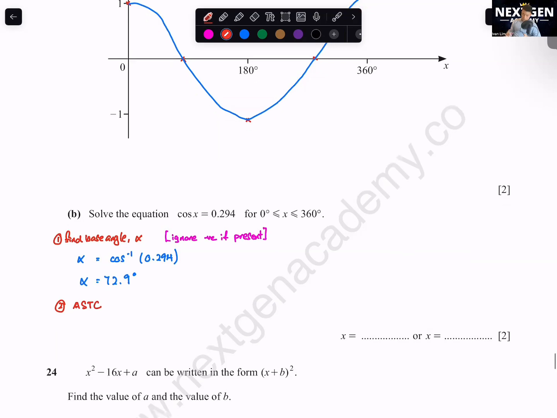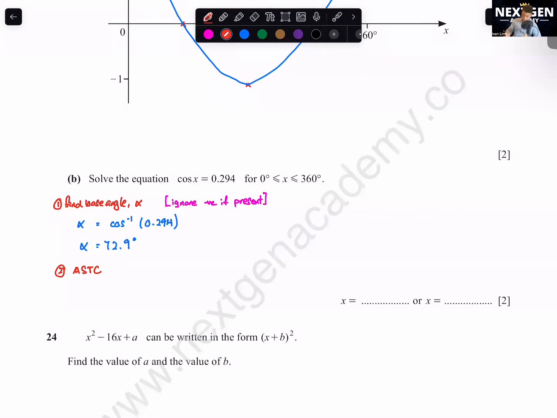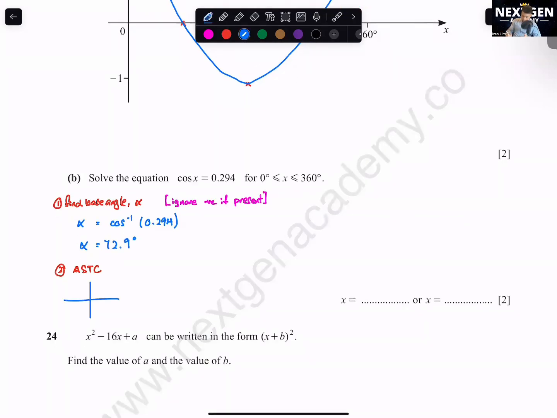Okay, ASTC, what you need to do. ASTC means like this: this is A, this is S, this is T, this is C. We read the quadrants like this: A, S, T, then C. This is the first quadrant, second quadrant, third quadrant, and fourth quadrant.